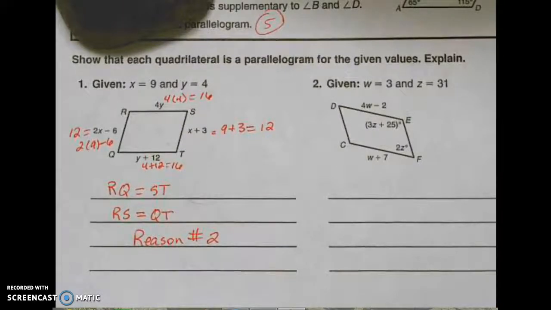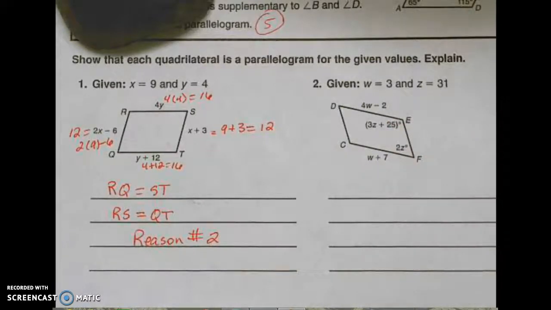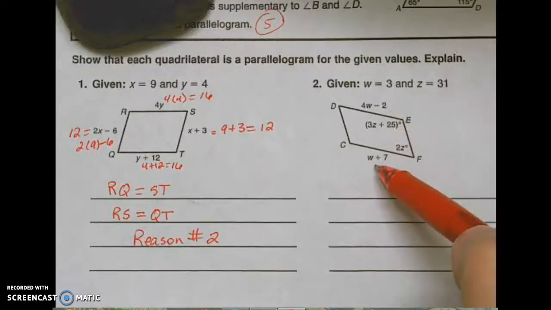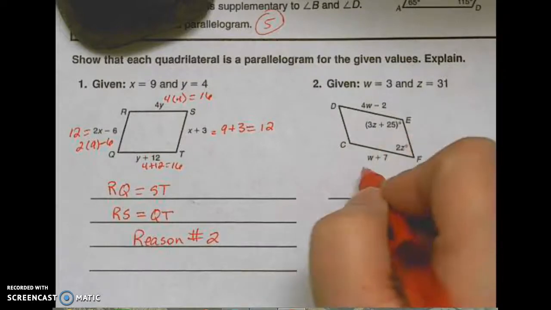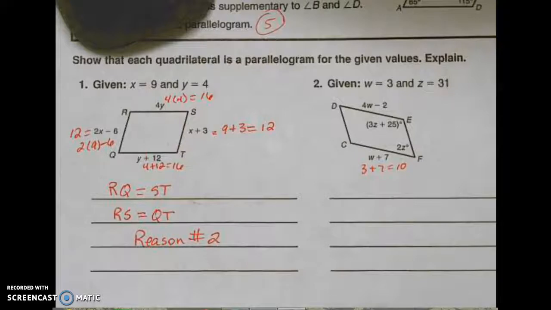If I look at question number 2, I'm given the information that W equals 3 and Z equals 31. So my W's go with my sides, my Z's go with my angles. So if I'm looking at first those side lengths that are involved, if W equals 3, then W plus 7 means 3 plus 7, which gives me 10.